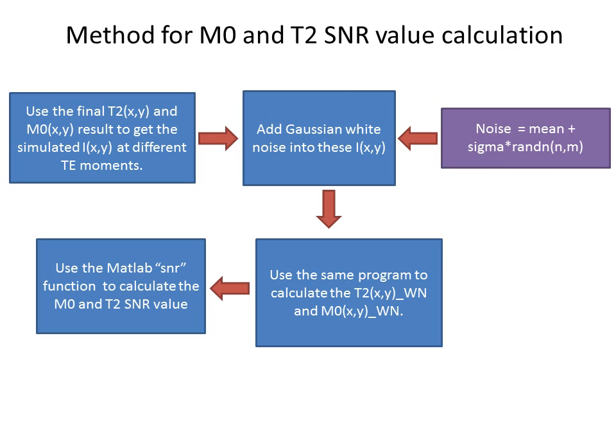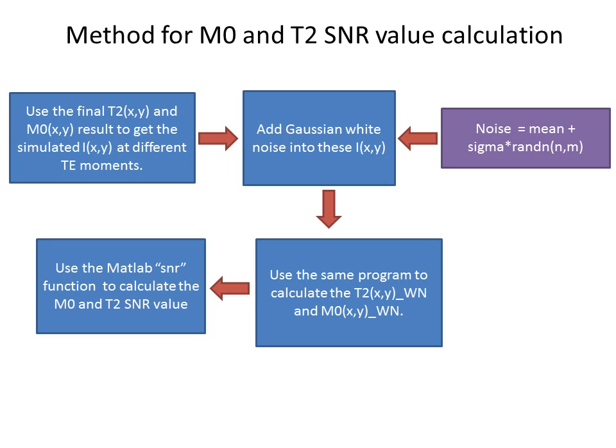And for the methods of M0 and T2 SNR value calculation, the first step is to use the final T2 map and M0 map results I just mentioned to get the simulated images at different TE moments. And then add Gaussian white noise into these images.